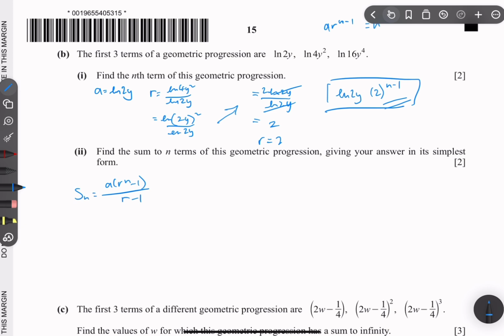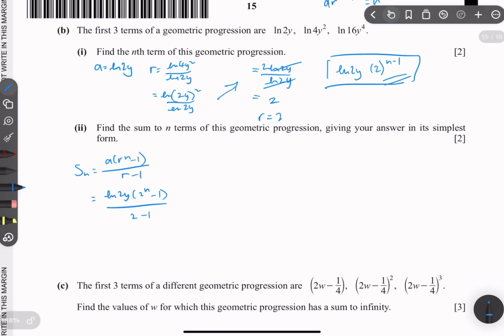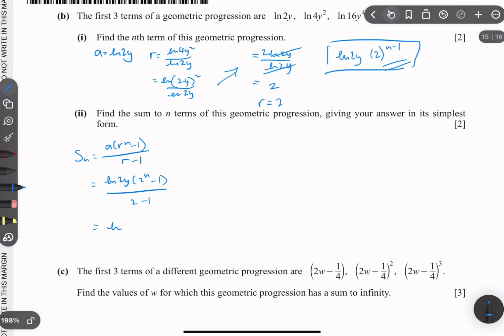And since we already have the a and r values, we can just put them into the equation. So this is the final answer.